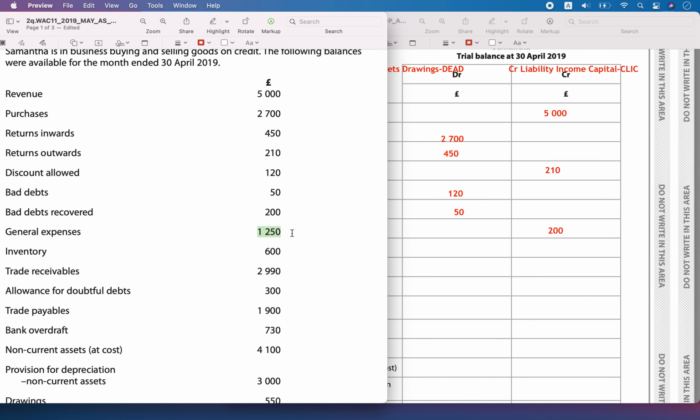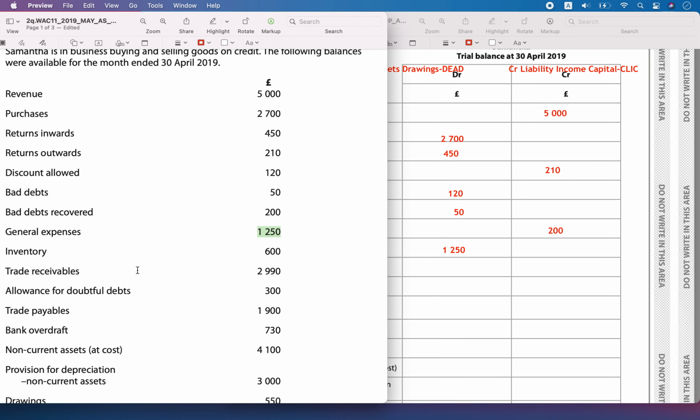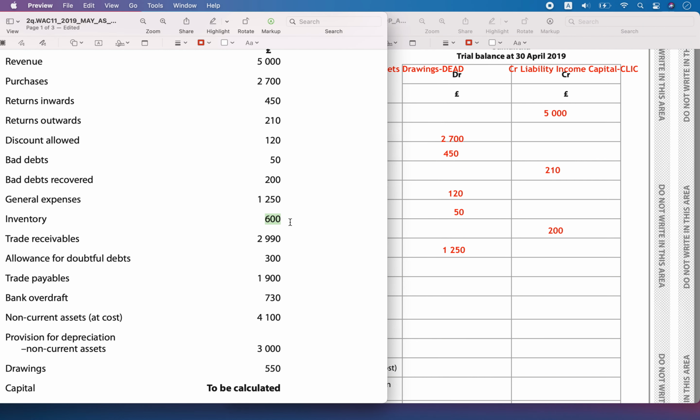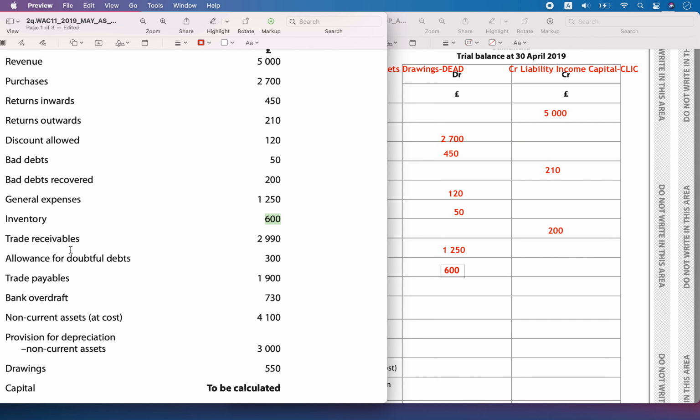Then general expenses are expenses, money going out of the business, so it is going to appear on the debit side. Then you have the inventory. Inventory of 600 is an asset. We generally put the inventory under assets, so assets are going to appear on the debit side. Then trade receivables.